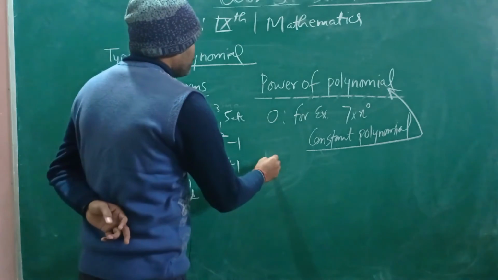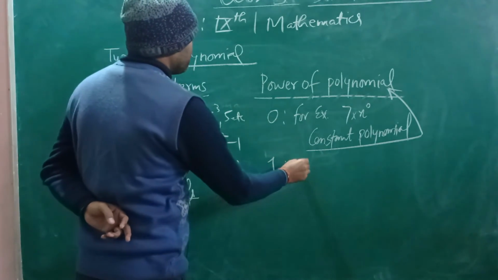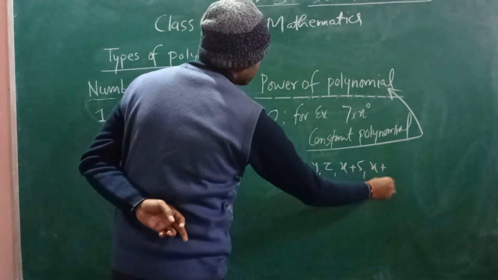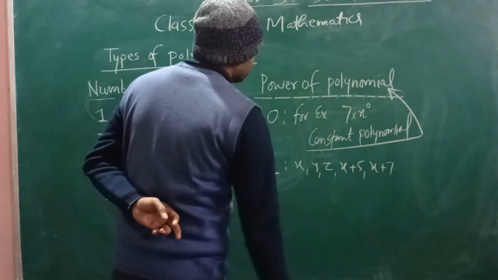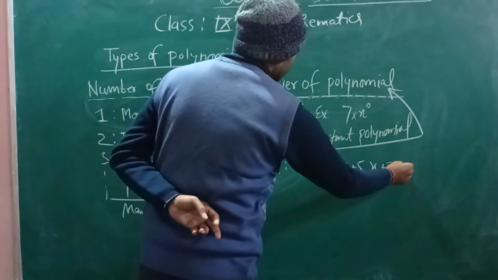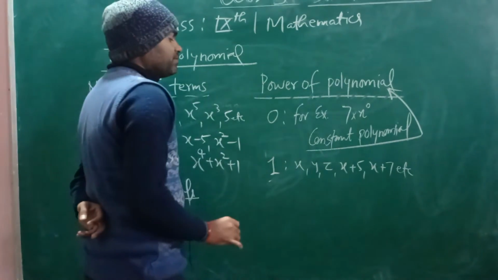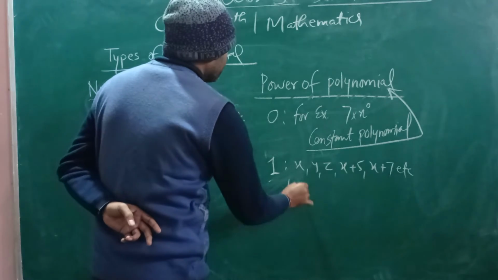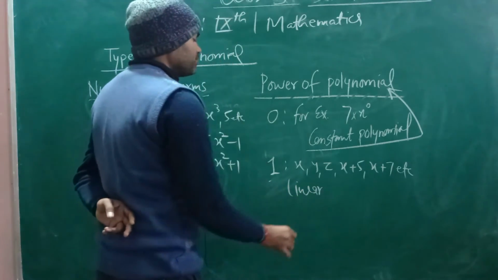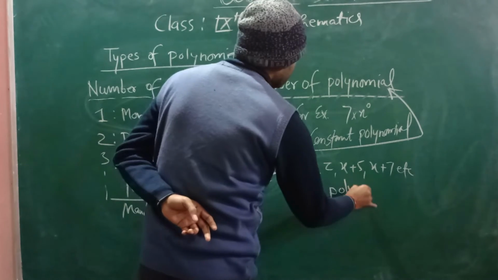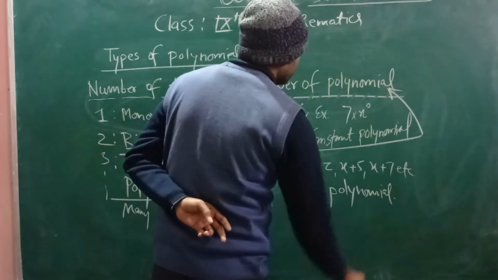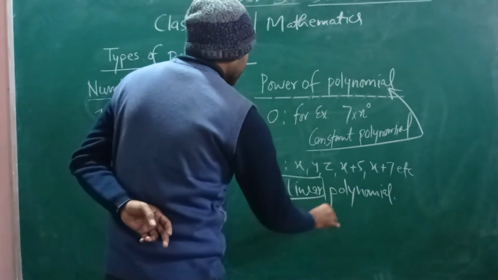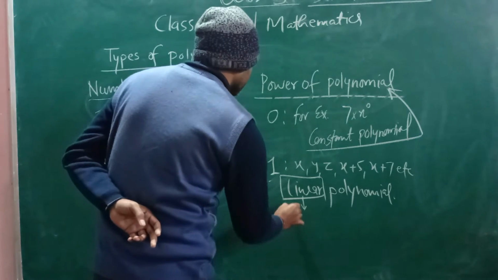If the power of the polynomial is 1, for example x, y, z, x plus 5, x plus 7, etc., in all these examples the power of the variable is 1. When the power of the variable is 1, the polynomial is called a linear polynomial. A linear polynomial has its graph as a straight line.